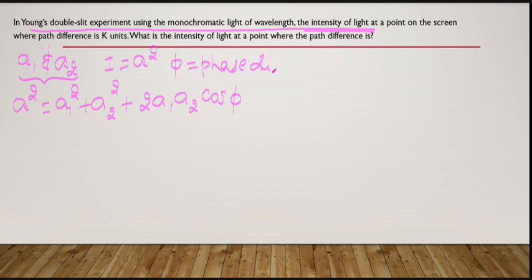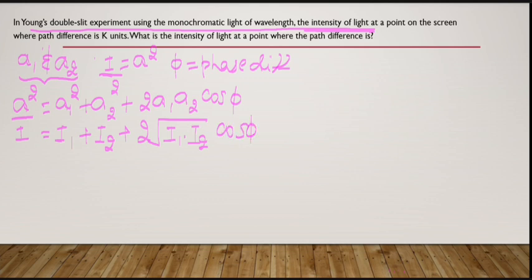Phase difference. Clear? Now, students, this A square can be replaced as I is equal to I1 plus I2 plus, here A is equal to root under I, so we can write it as 2 multiplied by root under I1 multiplied by I2 cos phi.